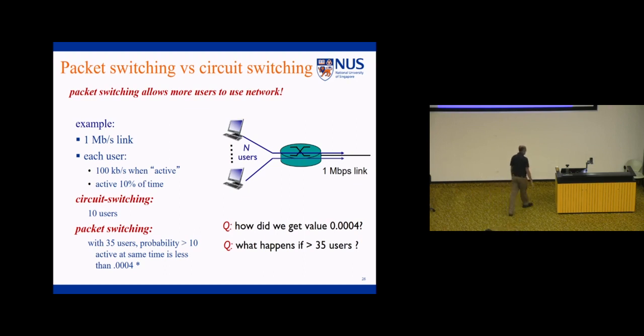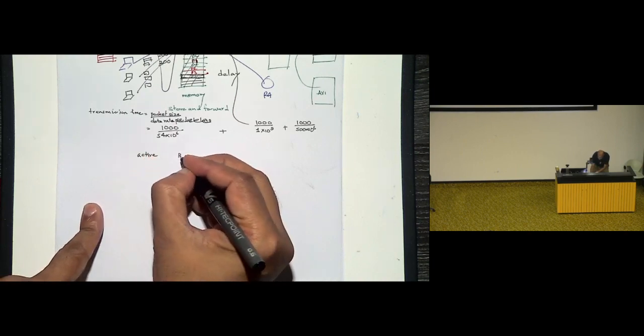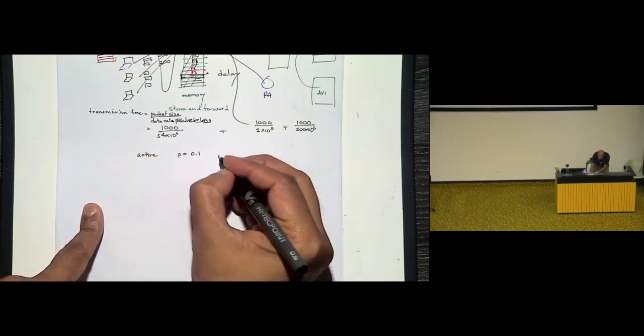What about packet switching? Right? In packet switching, things are a little bit more complicated. Each user is active with probability 0.1, right? 10% of the time.